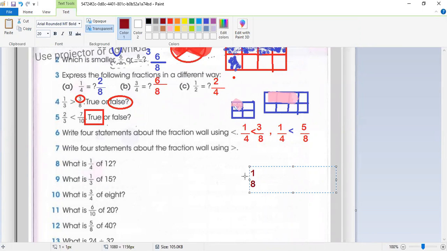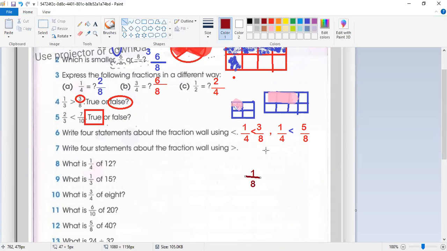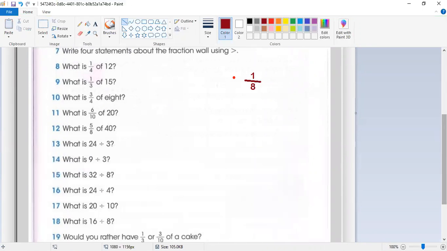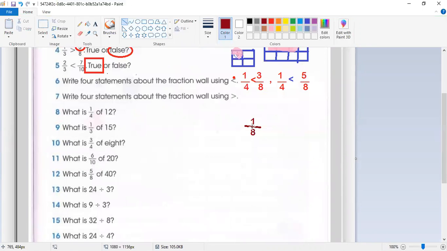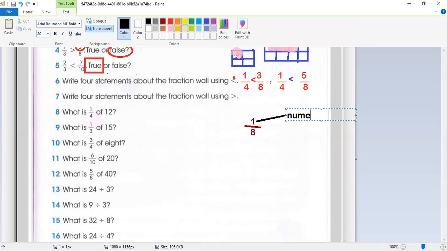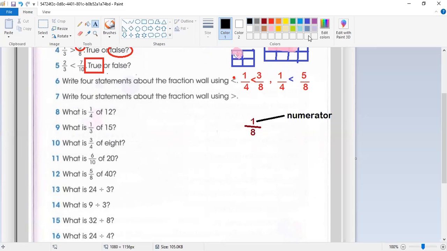The number which is up is called the numerator. Please write with me: numerator. I think you did this before. And the number which is down, because down is spelled D-O-W-N, we call it denominator.